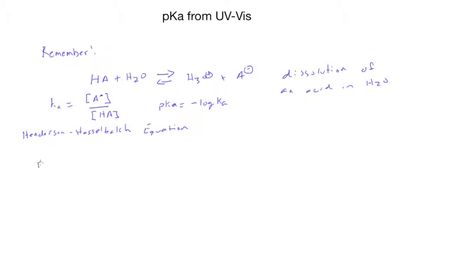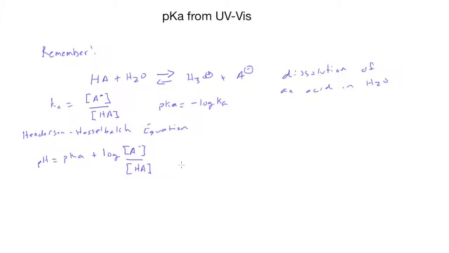So this equation says that pH is equal to pKa, and then here's the key, plus the log of the concentration of A minus divided by HA.